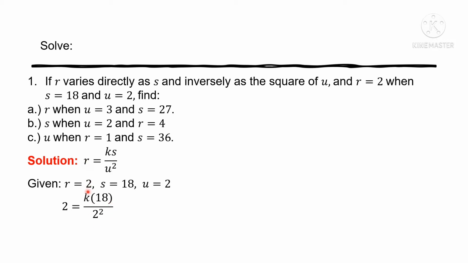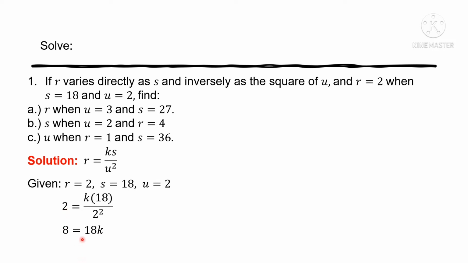So yung R pinalitan ng 2, yung S pinalitan ng 18. At yung U ay pinalitan natin ng positive 2 squared. So 2 squared, ang gagawin natin, square natin itong 2. Tapos times natin dito sa number na nasa left side. Okay, so you have 8 equals 18k. 2 squared is 4 times 2 is 8.